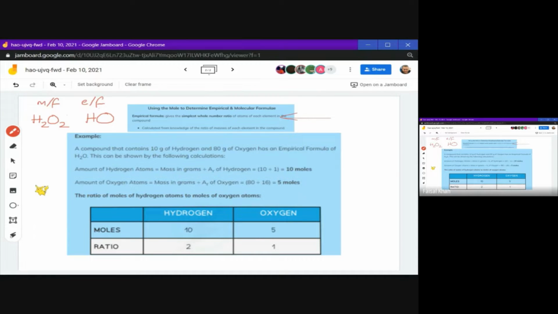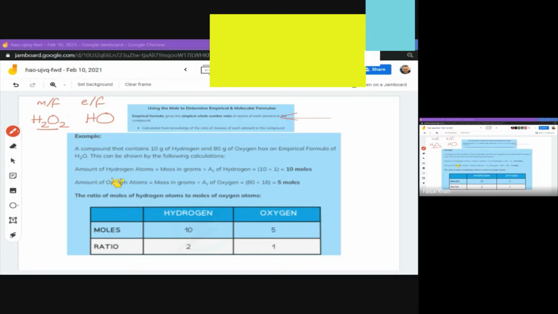Okay, so the molecular formula is exactly what is inside the molecule. Okay, all of the atoms. Okay, the exact number of atoms of each element present in the formula of the compound. The empirical formula, however, is something that's slightly different.